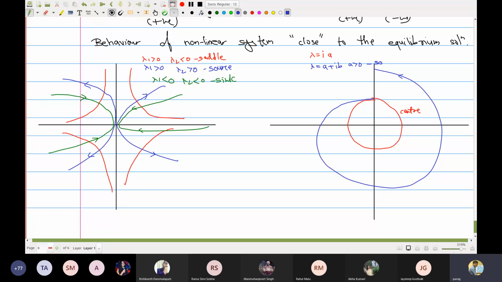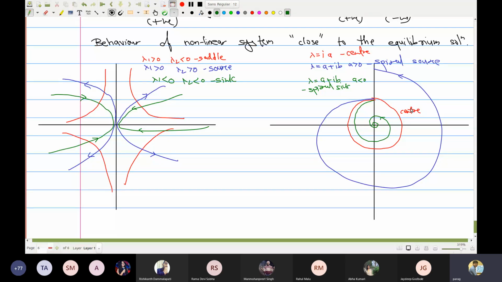So this is source, in fact, spiral source. Spiral source. This is center. And the third case, lambda is equal to A plus iB, A less than 0 is spiral sink, which means it would be like this.